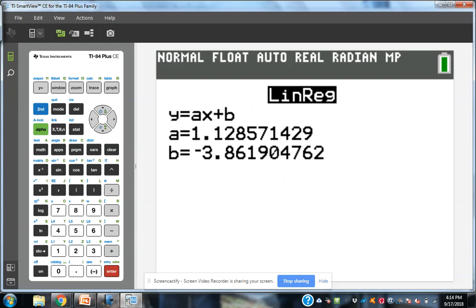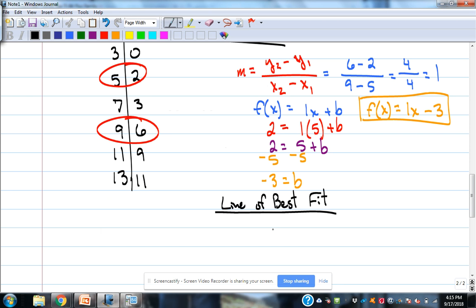And it tells me that the slope of the line of best fit is 1.12857, a bunch of stuff there. And the y-intercept is negative 3.8619 and some stuff after that. We did pretty good by picking those 2 points that we did, and we got close. This is closer, okay? So what we will do, our line of best fit, we're going to round that.